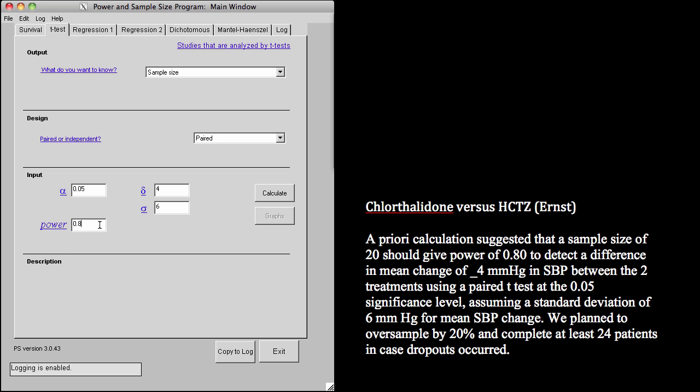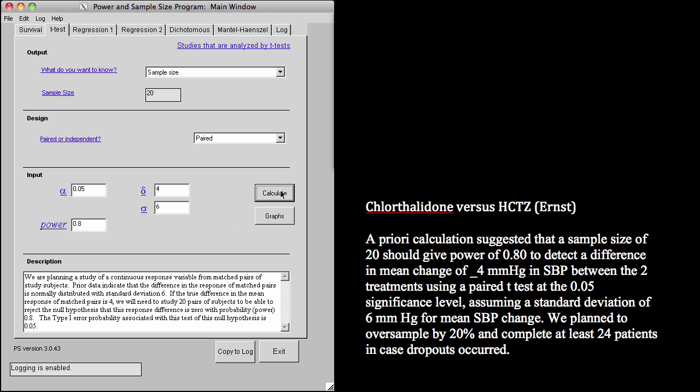So now we have all the information in there for the t-test. So we'll go ahead and hit calculate, and it gives you a nice little paragraph down here, but if you look up here where the output area is, it shows that our sample size is 20. Well, that is exactly what they calculated within their study, so we can see that their calculation was accurate.